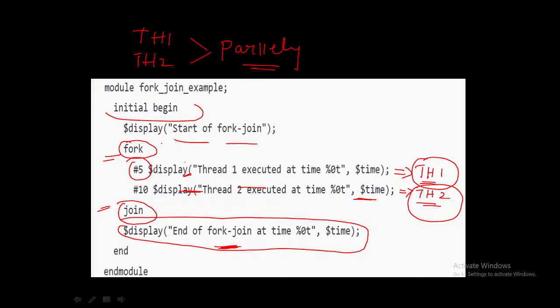Why? Because until the statements inside this fork join are completed executing, the compiler will not come out and execute the $display statement written outside this fork join.